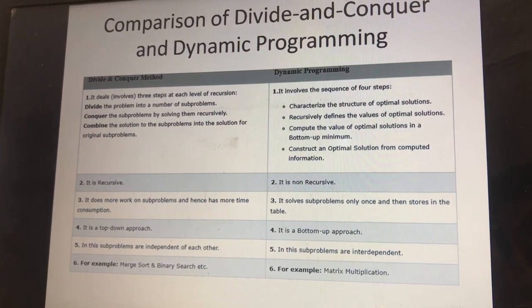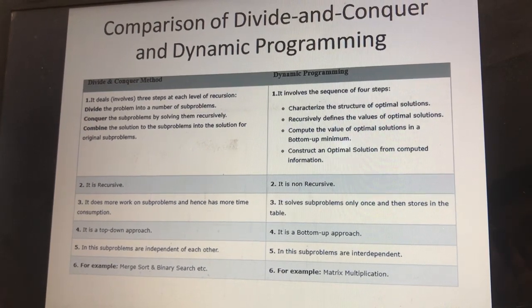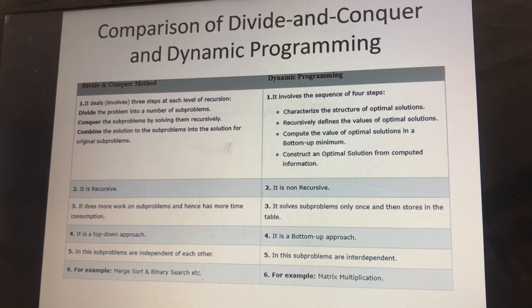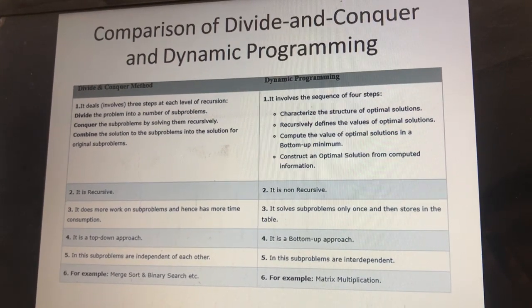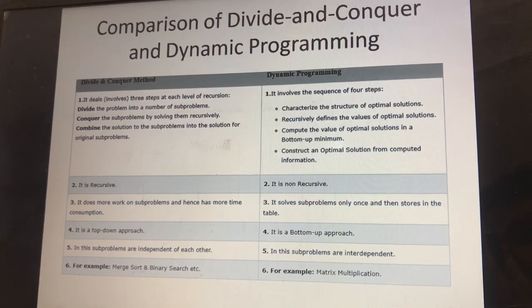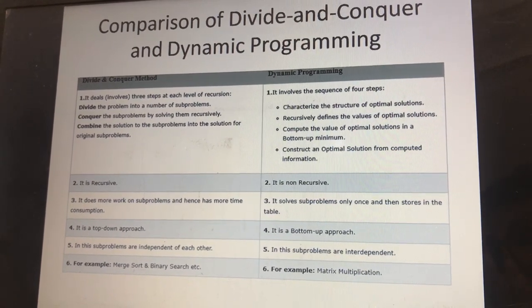Second, divide and conquer is recursive, but dynamic programming is not recursive. In divide and conquer, it does more work on subproblems and hence has more time consumption, whereas dynamic programming solves subproblems only once and then stores the results in a table.